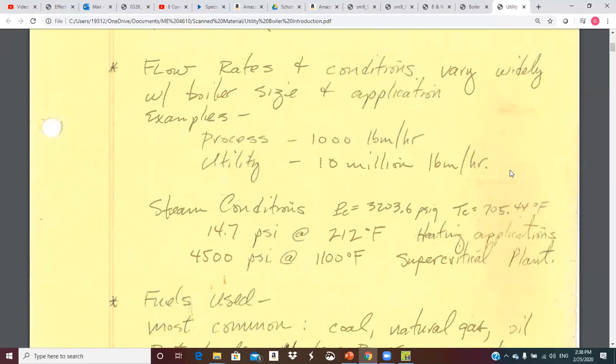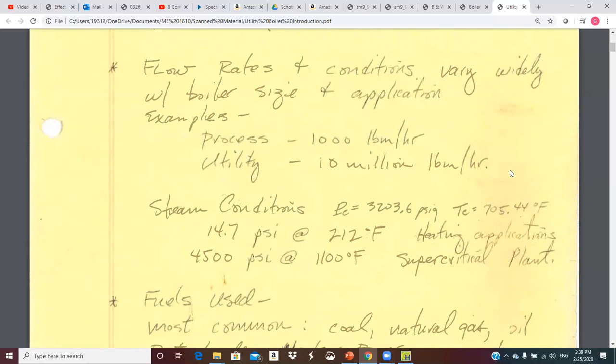Other TVA plants, 2,400. Bull Run, which they are in the process of shutting down if they haven't, was supercritical. It was someplace around 4,000, something like that. You see, critical pressure up there is about 3204 PSI. So that's that isobar that goes through the top of the dome.